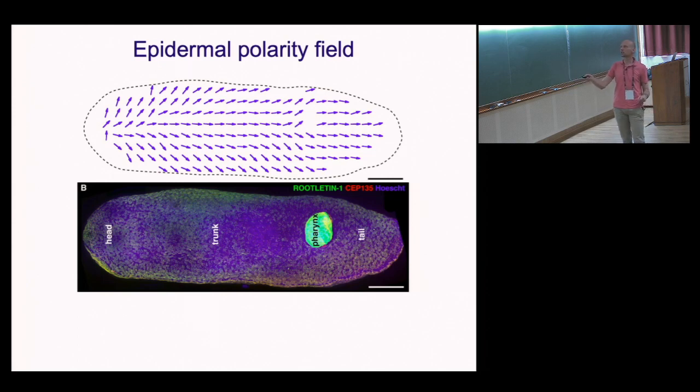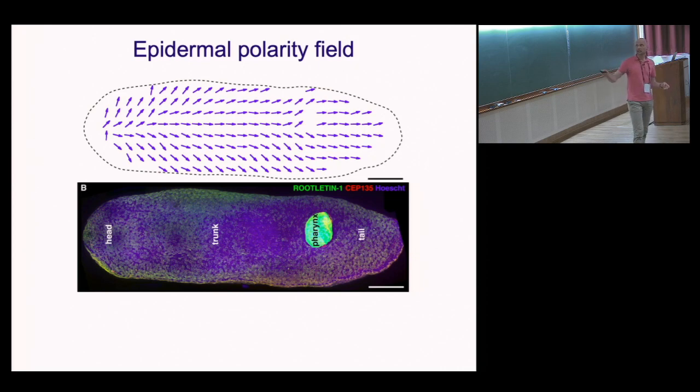This image is at a much lower resolution, but we image this entire thing such that we can resolve individual cilia. And the representation up here is now averaging about 100 by 100 micrometer squares, averaging the orientation of individual cellular polarity vectors within that to generate a single arrow.